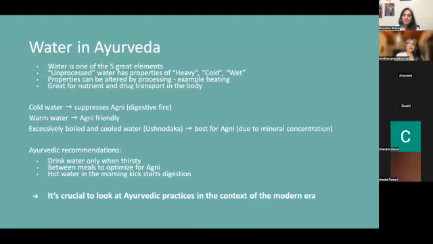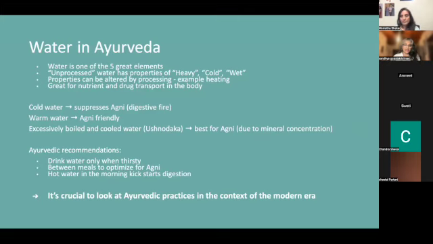So one thing I want to say is when people talk about Ayurveda now, there's a lot of romanticism about going back to all these ancient practices. But it's extremely crucial to look at these ancient traditions or knowledge systems in the context of the modern era, right? Because things have changed like crazy.